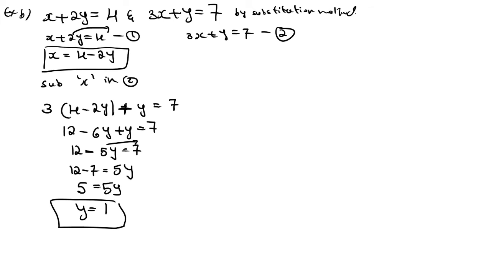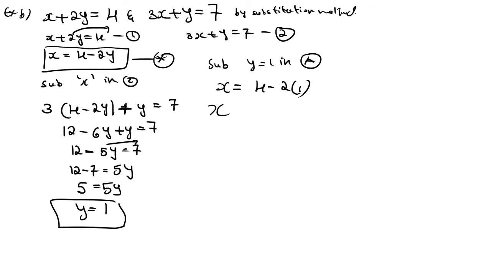Now see, we have y value, substituting y equal to 1 in equation star. Okay, take it as equation star. So you will get x equal to 4 minus 2 into y value is 1. X value equal to 4 minus 2, that is x value is equal to 2.